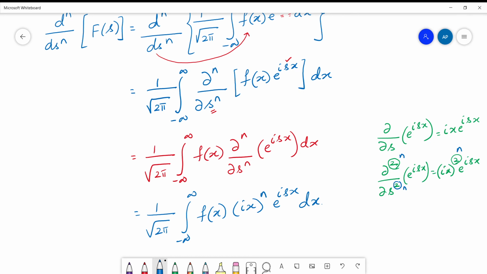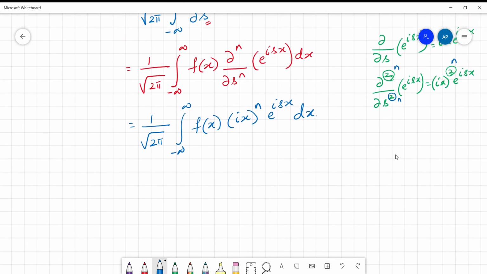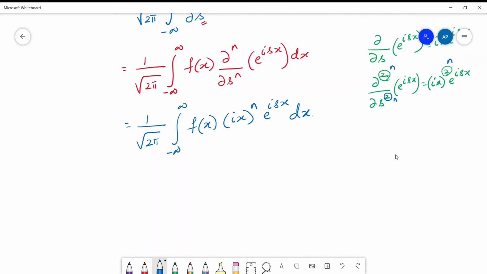The power of ix goes on increasing and will be equal to the order of the derivative. Now (ix) whole power n can be written as i power n x power n, and i power n can be taken outside the integral, and what remains inside therefore is 1 by root 2 pi integral minus to plus infinity x to the power n f of x e power isx dx.